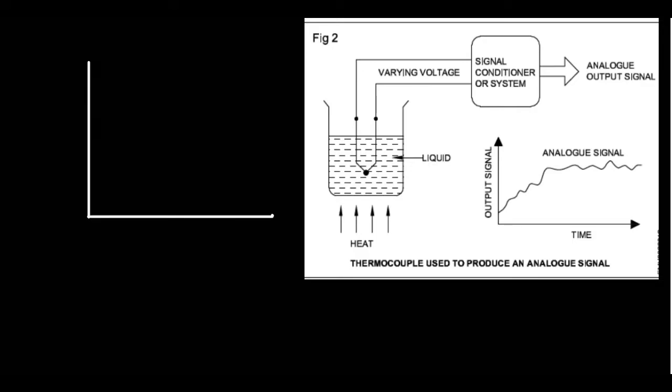With the graph, we'll see on the y-axis, the x-axis is the time and y-axis signal. Signal means output signal. Based on the output only, we will categorize sensors as digital and analog sensors.